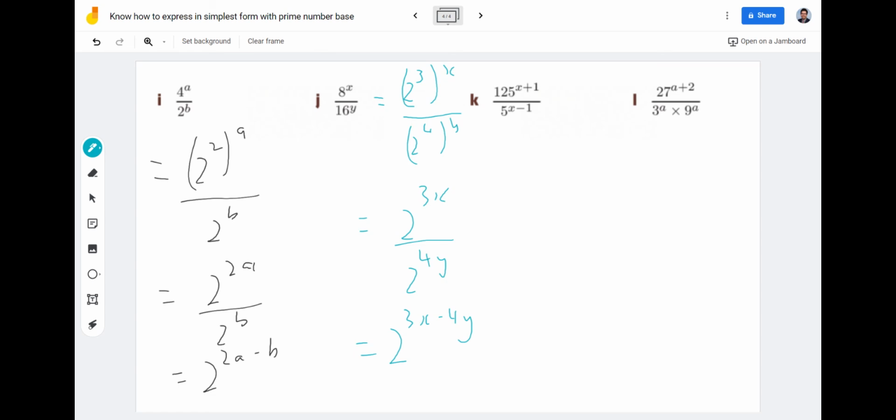And our last two, 125 and 5. Let's make these powers of 5. 125 is 5 times 5 times 5. So that's 5 to the power of 3 times x plus 1 over 5 to the power of x take 1. Then we'd expand out the top. Then we would subtract because we're dividing.